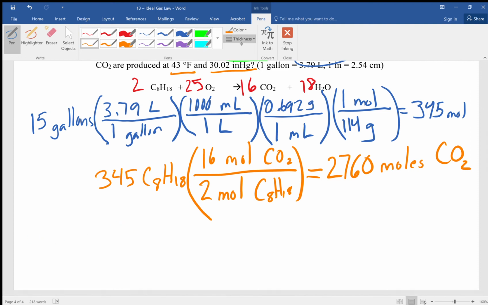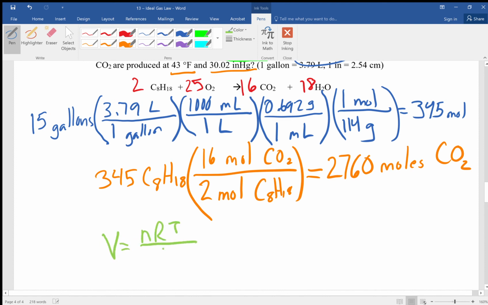So we're going to take our ideal gas law and solve it for volume again. We've done that before. V equals nRT over P. N here is the value we just found, 2,760 moles.